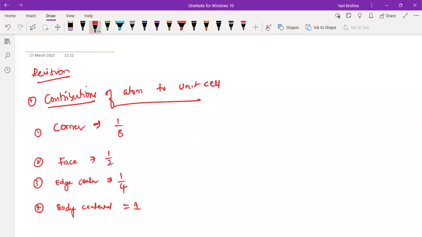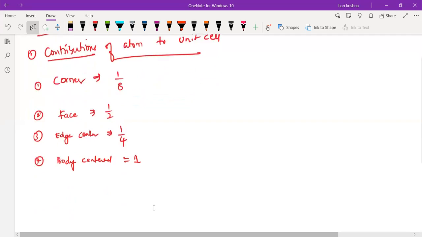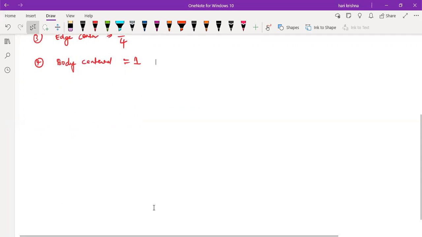Okay, clear or any doubts? Next one, this is the starting numerical part studied. And the next important thing is, what is the radius ratio?